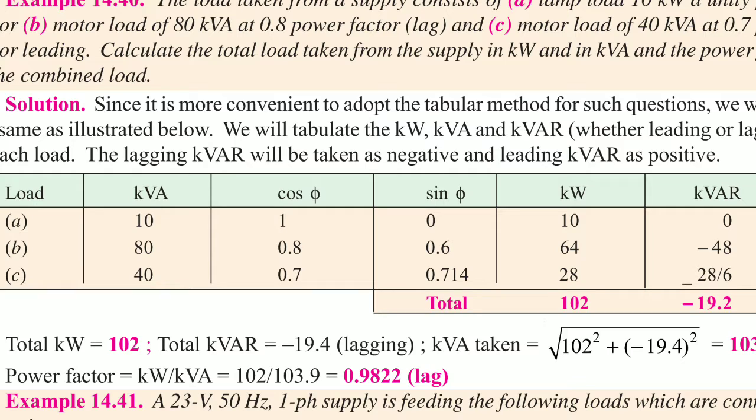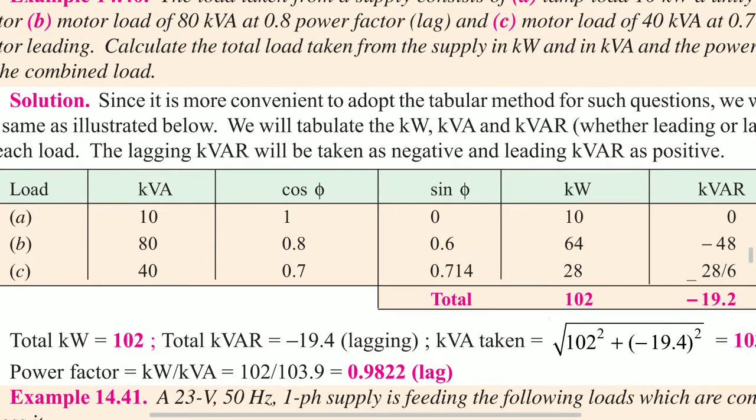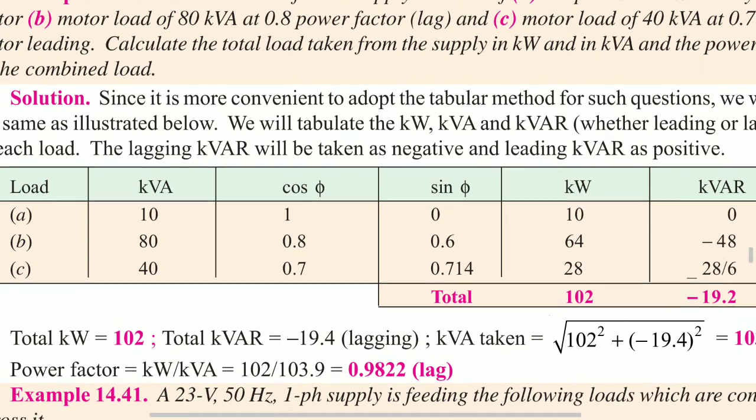And how can we find sin phi? Sin phi is equal to the square root of 1 minus cos squared phi. That means the square root of 1 minus 0.8 squared, which is 0.6. Sin phi is 0.6.